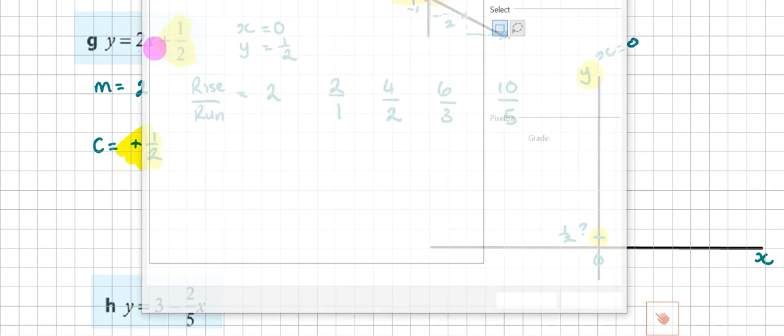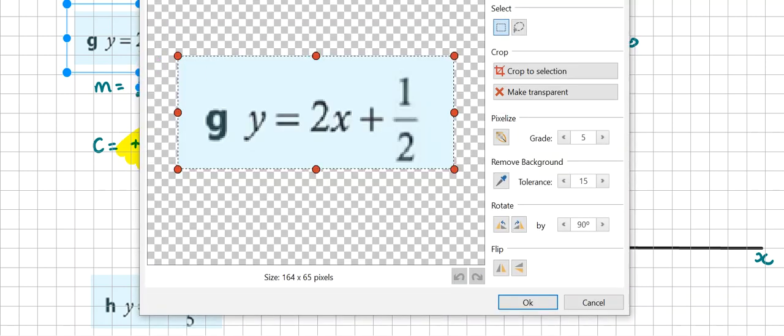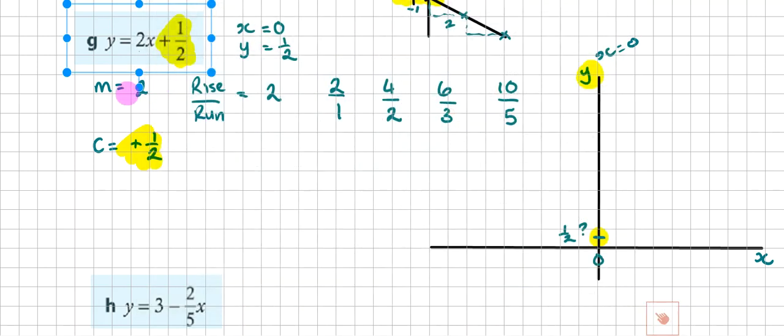And when x is 0, I know y is going to equal a half. So I put that half in, and then I figure out, well, when I run 1, I rise 2. So from this point, I go across 1 and up 2, which will actually take me to 2.5.